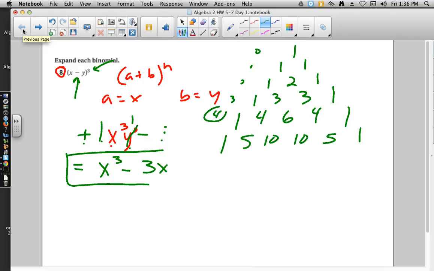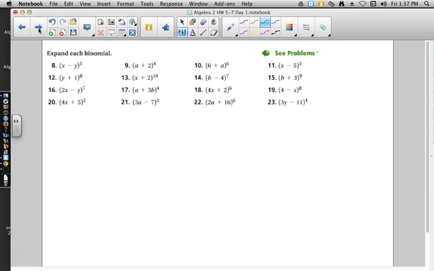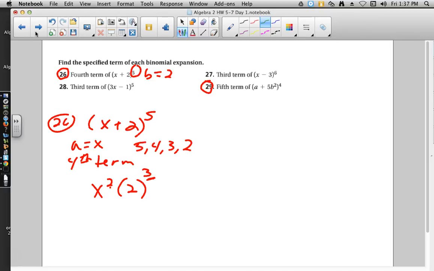So this is row 4, and this is row 5. So for row 5, we have 1, 5, 10, 10, 5, 1. So it would be 1, 5, 10, 10 for that term. So we're going to put a 10 in the front.